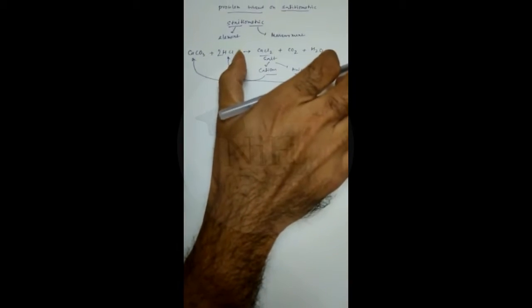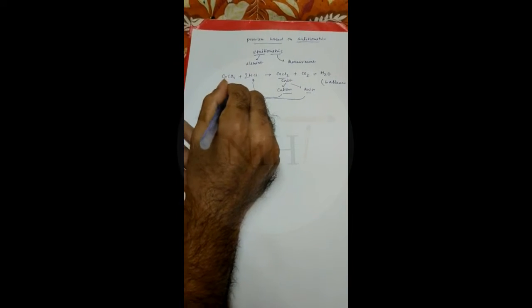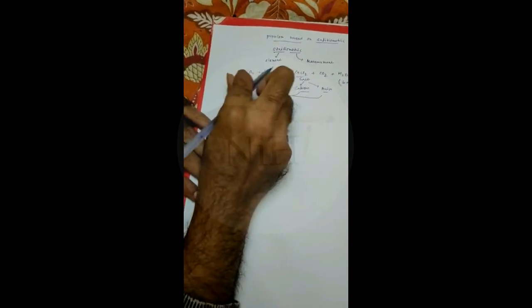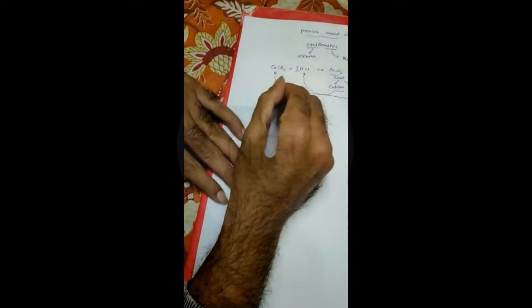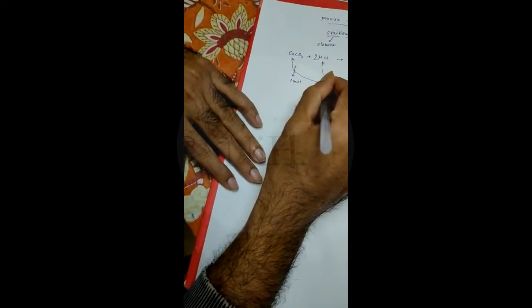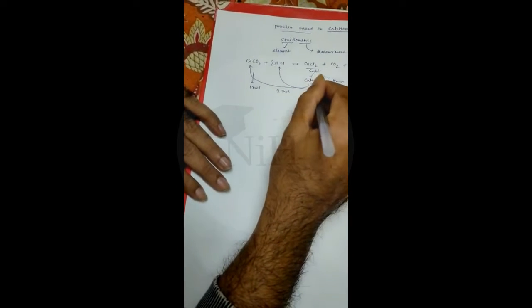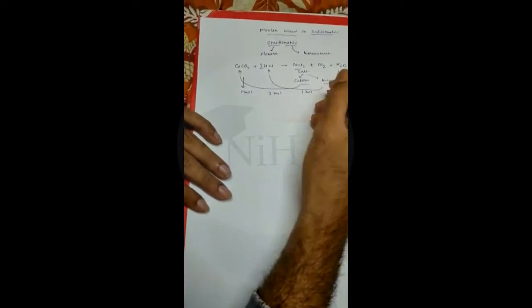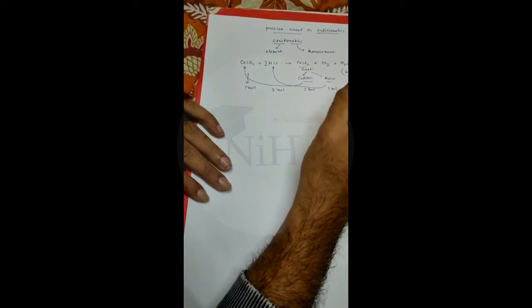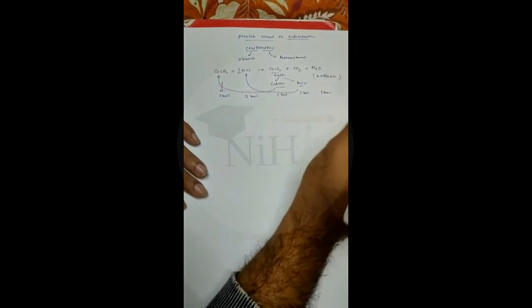So from this balanced chemical equation we can say that the hidden information is that 1 mole of calcium carbonate reacts with 2 moles of hydrochloric acid forming 1 mole of calcium chloride, 1 mole of carbon dioxide and 1 mole of water.